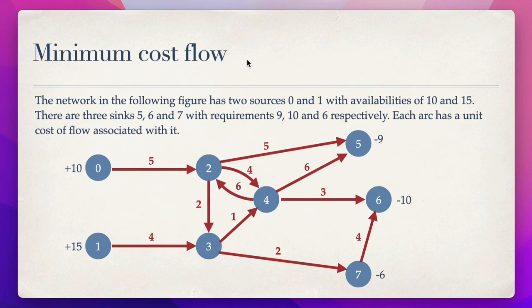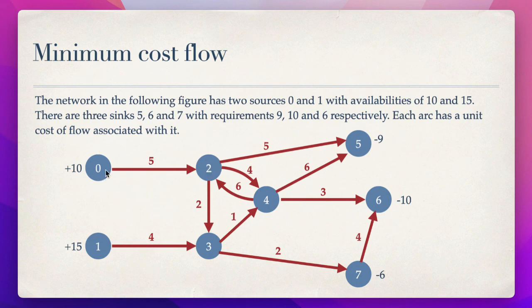Okay, so the next problem. This problem is really very similar to the transshipment problem. We call it minimum cost flow. For this problem, we have a network, and of course in each network we have several nodes.